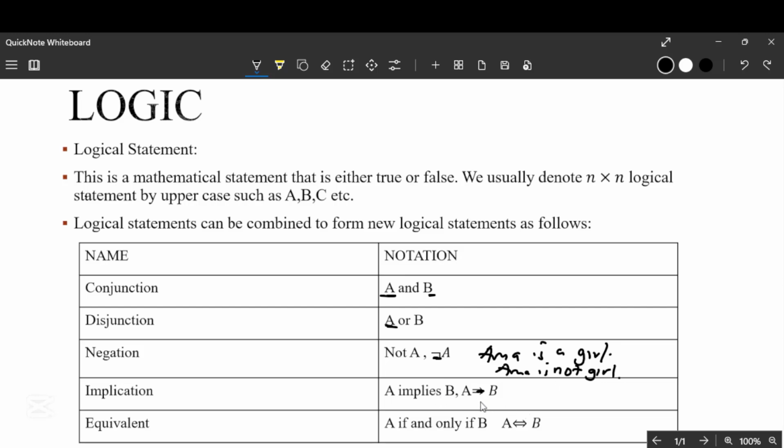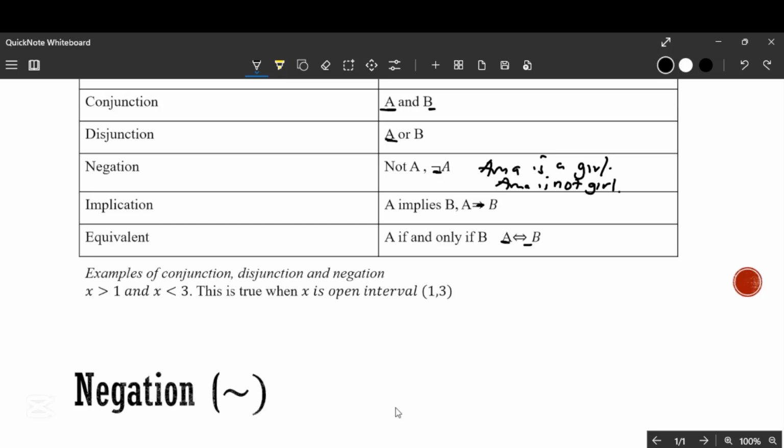And if I do not study hard, I will not pass the examination. So A becomes sufficient for B. And then equivalency is A if and only if B, and that is the symbol for equivalency.